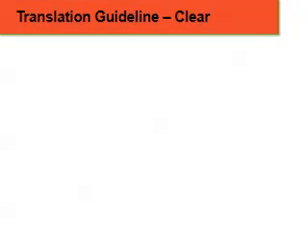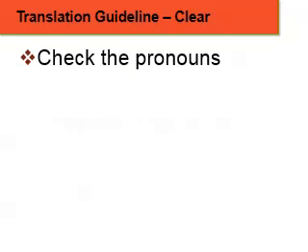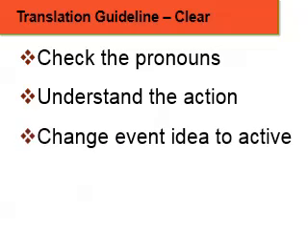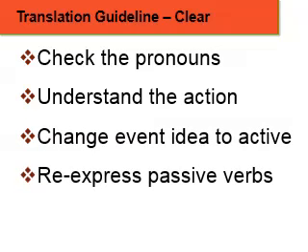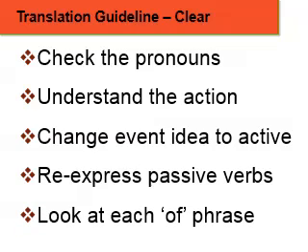So, the 5 points to remember when translating to keep the translation clear are: check the pronouns, understand the action, change event idea to active, re-express passive verbs, and look at each of phrase.